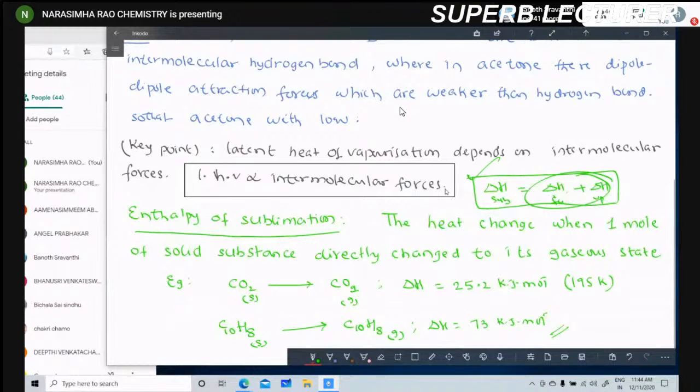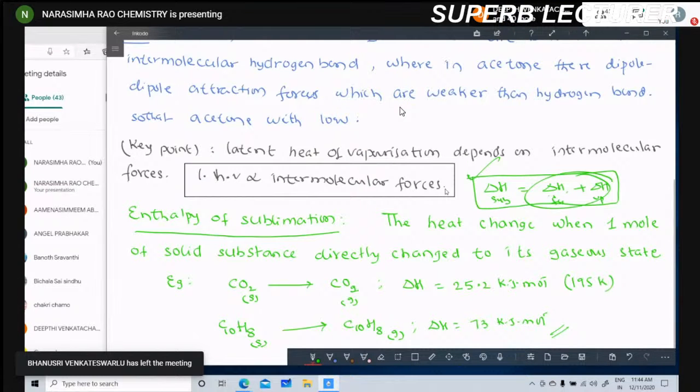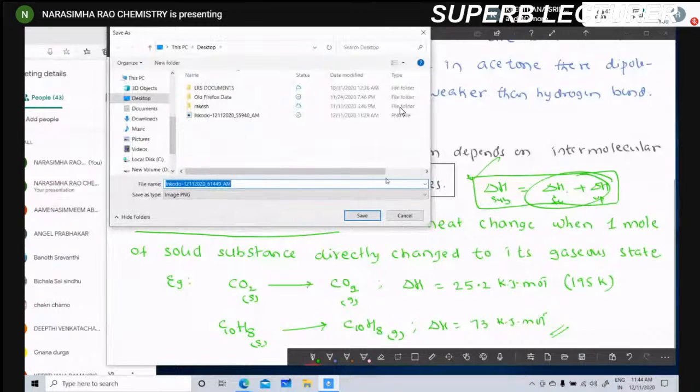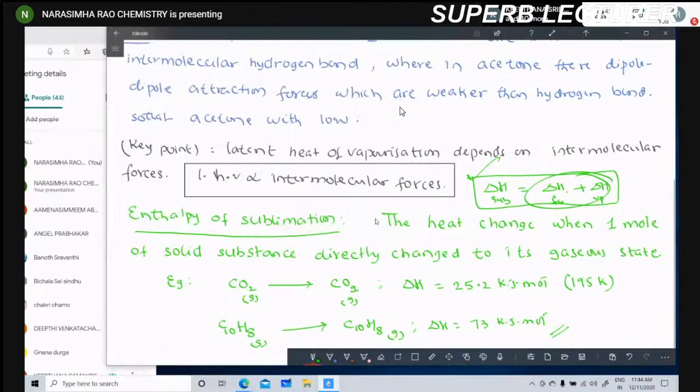Sir, is this endothermic or exothermic? Endothermic process. Why? Because a phase transformation is going on.